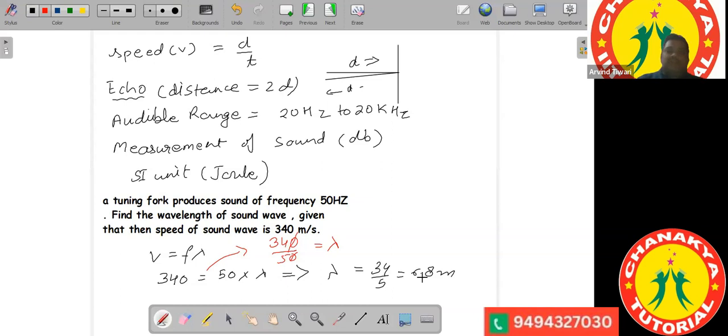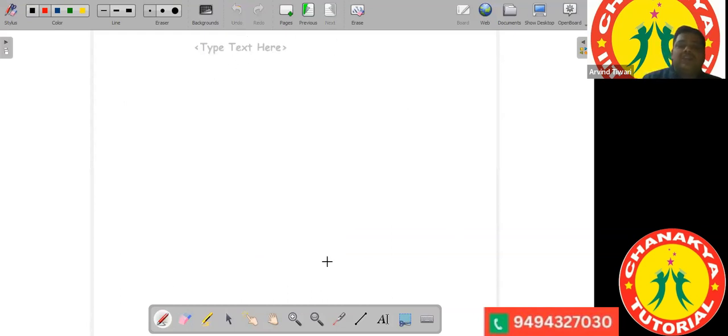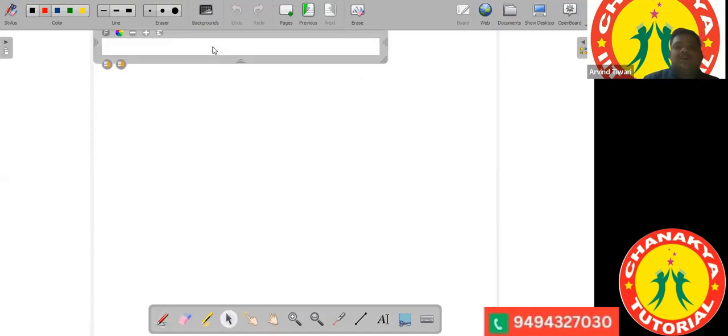So what is reverberation? Let's see. It is a phenomenon. Generally, we hear about reverberation whenever a number of reflections occur.